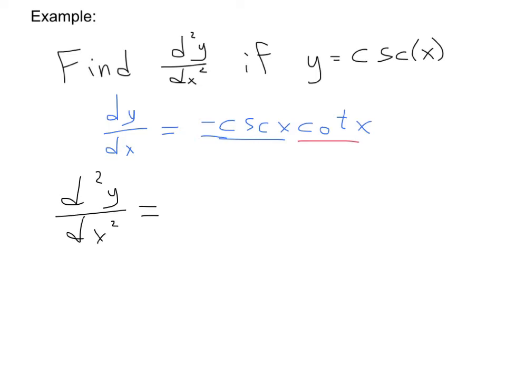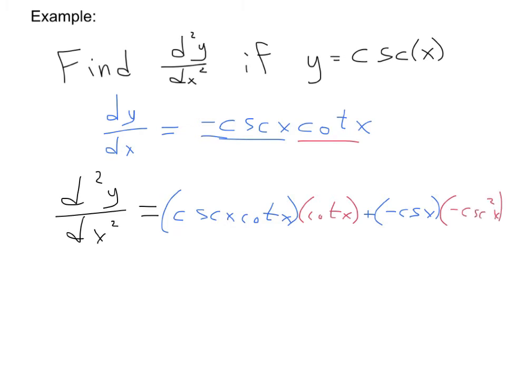So the derivative of the first thing, derivative of negative cosecant x, is now actually positive cosecant x cotangent x. And then I leave my cotangent x alone. Then I have plus, I leave my negative cosecant x alone. And the derivative of cotangent x is negative cosecant squared x.